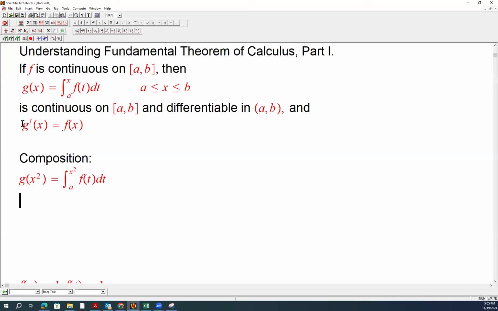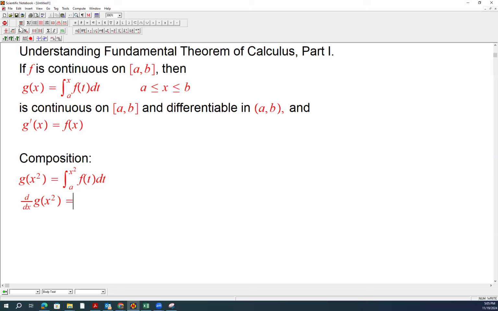Since we know the derivative of g of x defined as such, we can also apply the chain rule to find the derivative of g of x squared. How do we do that?